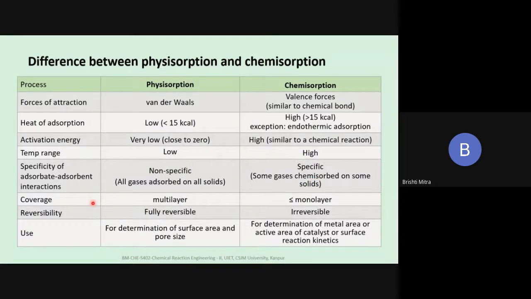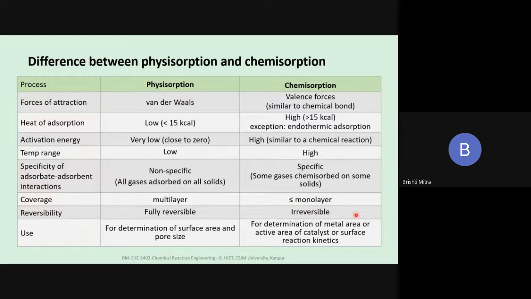And the coverage for a physisorption process is multi-layer, whereas for chemisorption, it is less than or equal to monolayer. The reversibility: is this process reversible or irreversible? Physisorption is fully reversible, and the chemisorption process is irreversible.